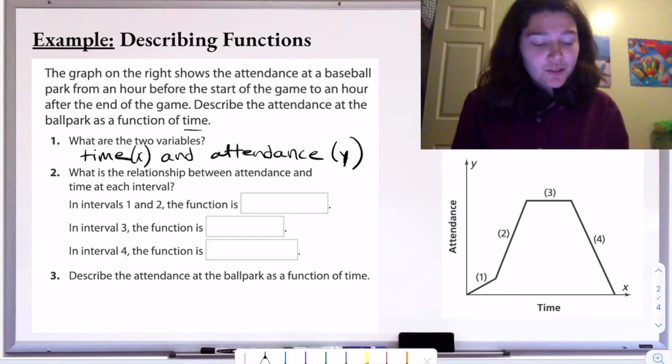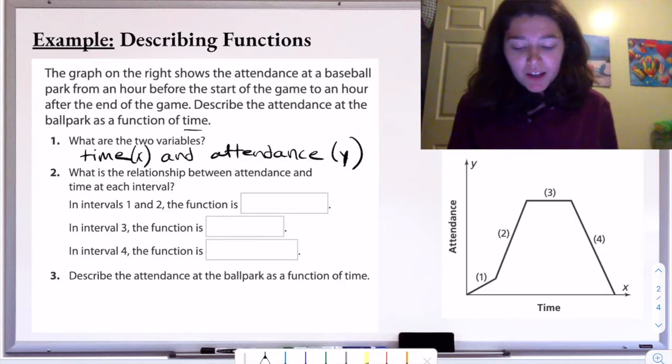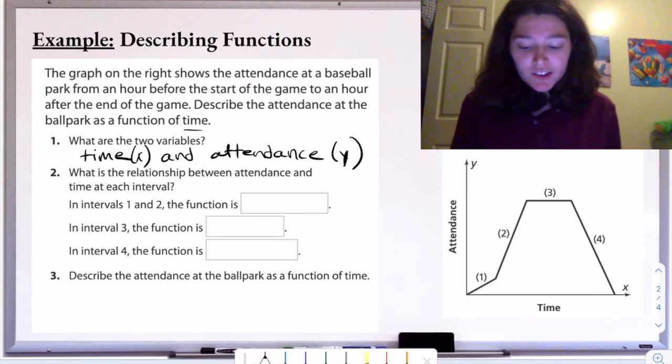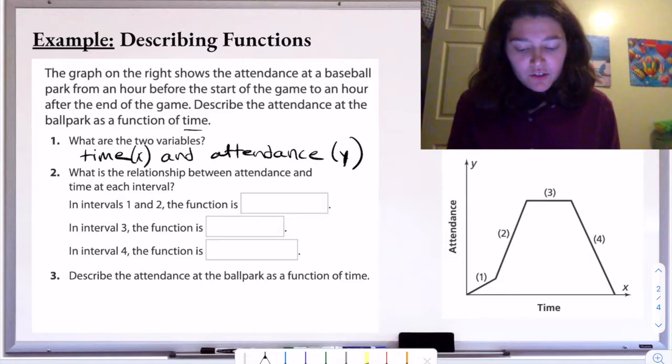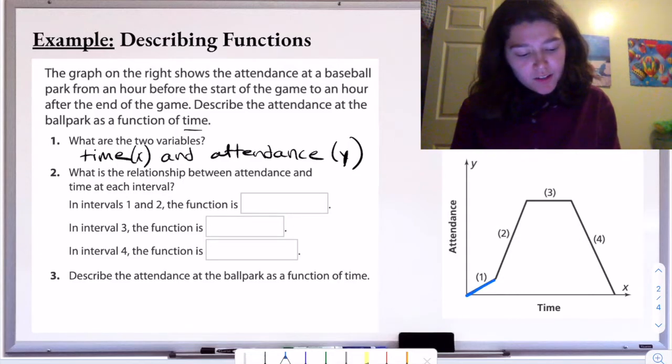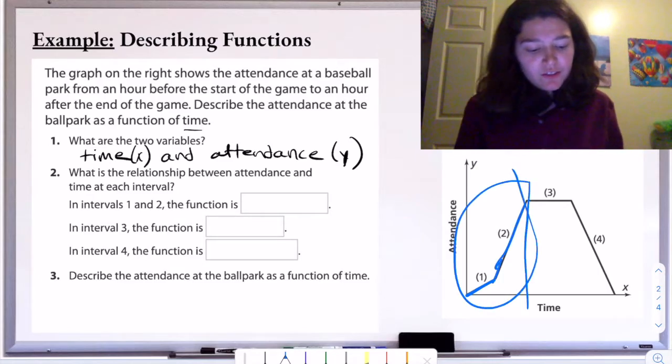Then we're asked to look at this graph. We see a graph of a function, and we want to talk about what's happening on each of the intervals so we can describe it very accurately. So first we're asked, in intervals 1 and 2, the function is blank. Okay, so let me take a look here. For interval 1, that's here, and interval 2 here, so we're really just looking at this part of the graph.